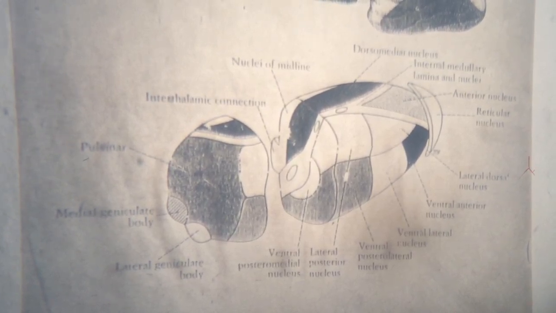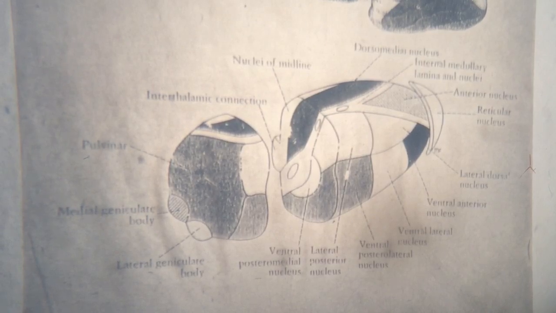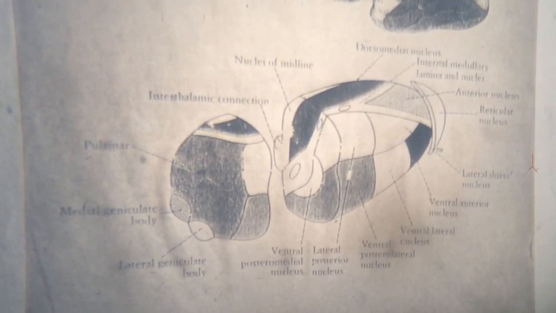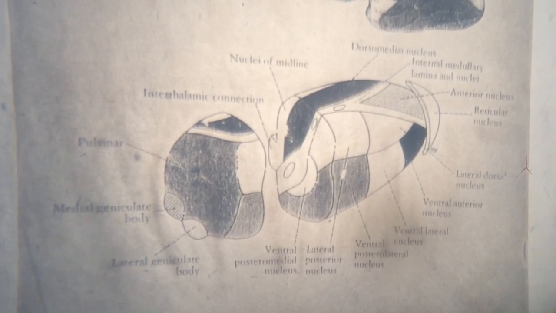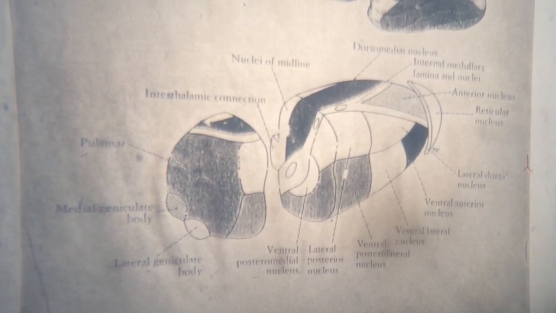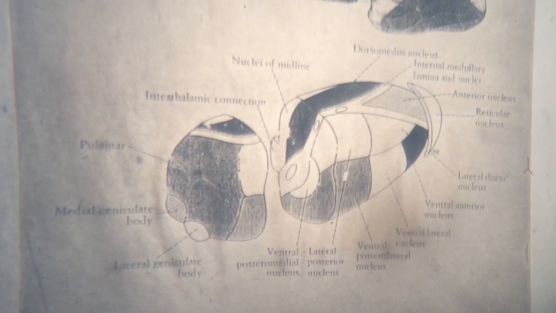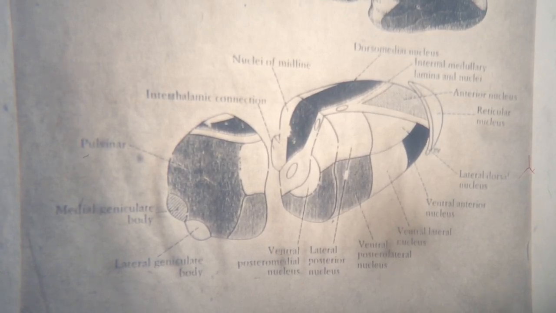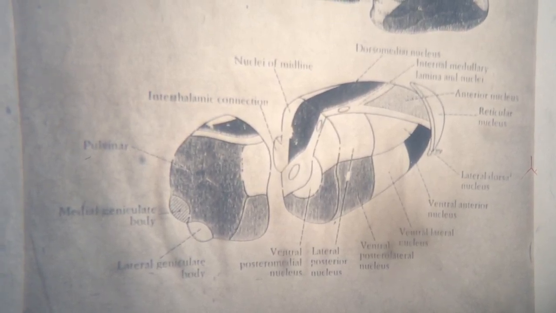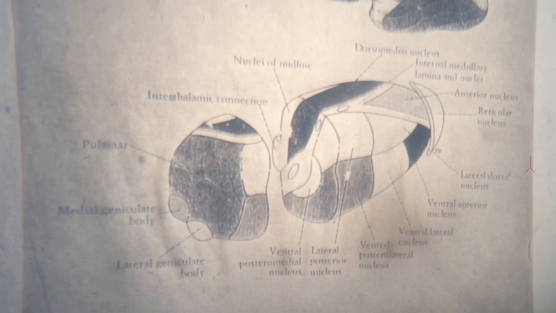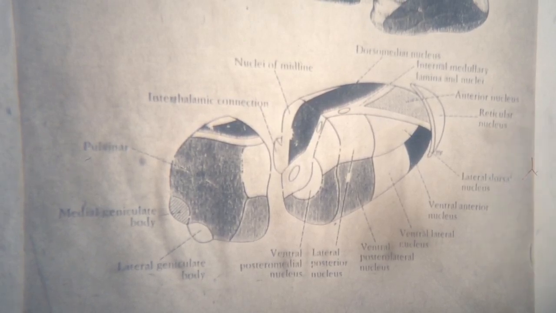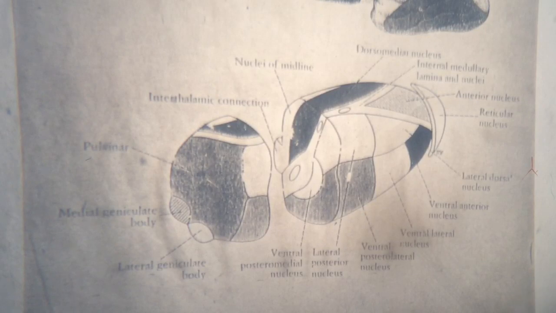They receive nerve fibers from the spinothalamic tract, trigeminal pathway, reticular formation, and they also have connections with the cerebral cortex and other thalamic nuclei.